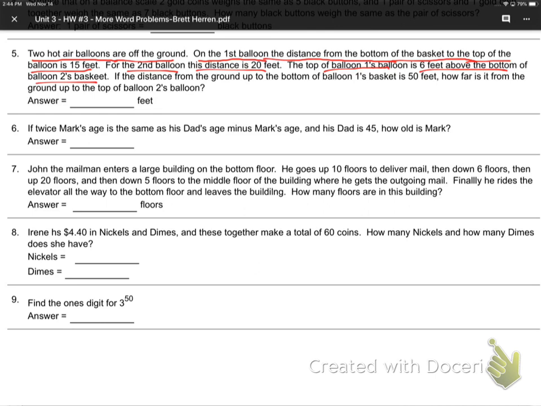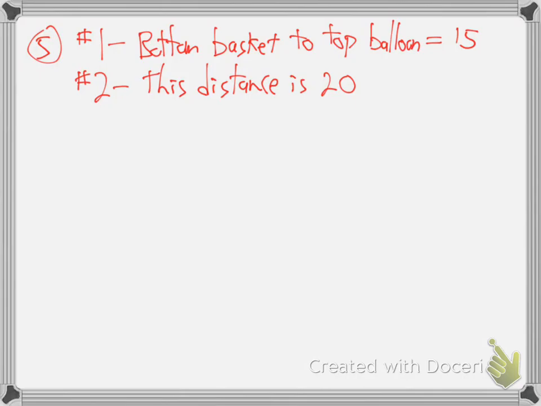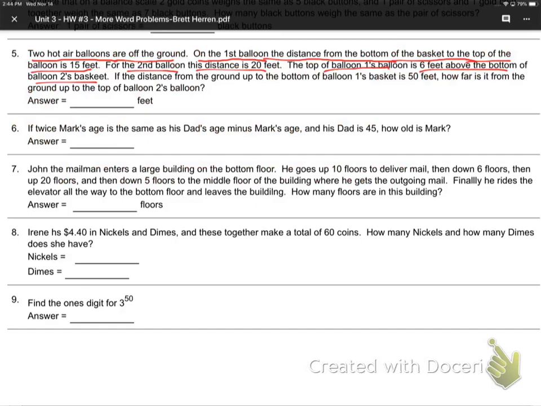The top of balloon 1's balloon is 6 feet above the bottom of balloon 2's basket. So let me write that down. Top of balloon number 1's balloon is, what did they say?